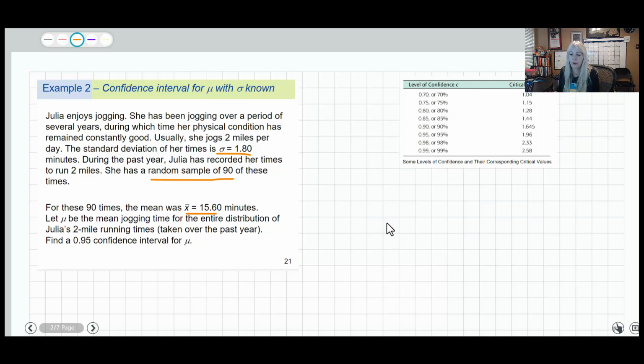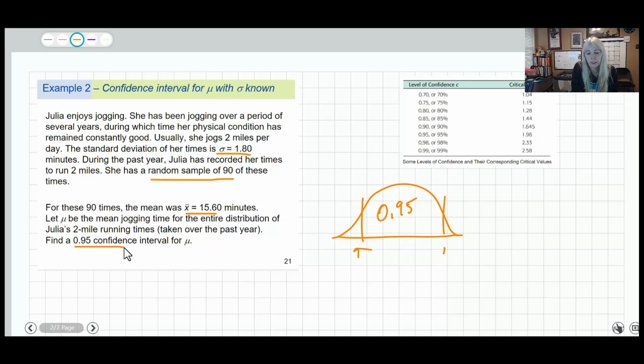All right, so if I want to come up with a 95% confidence interval, if you draw this out, what you're trying to find are these values right here. If I took 100 samples, 95% of them would fall within this interval.